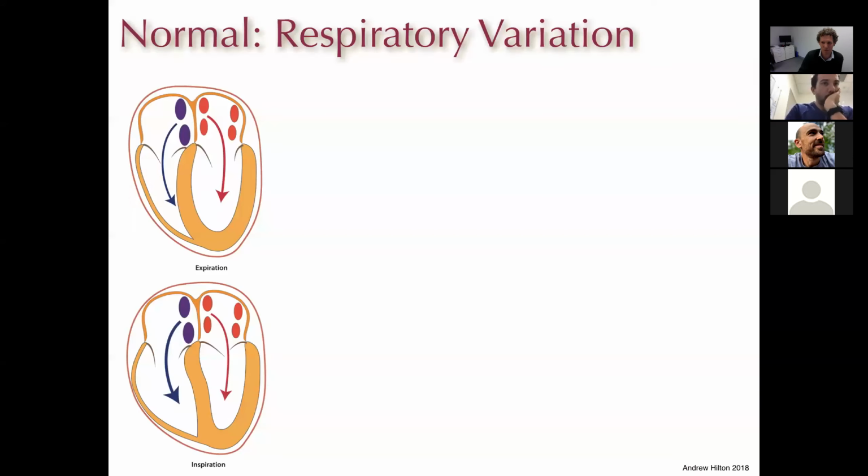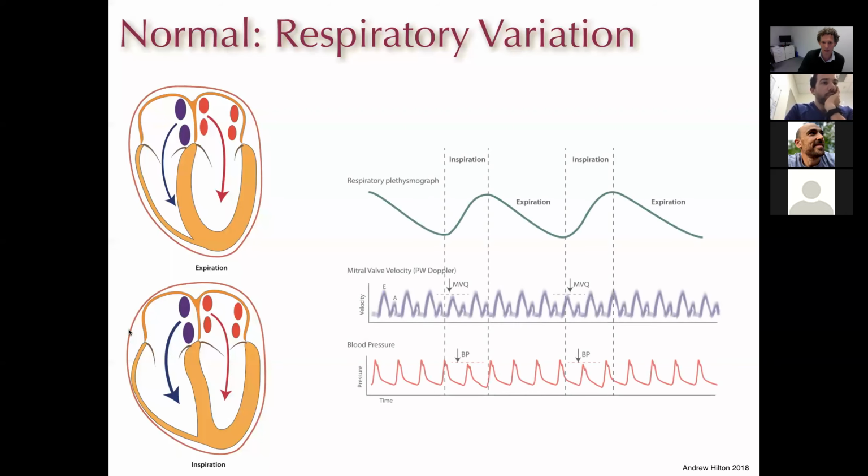Septal shift with inspiration. Okay, so the normal variation you'd see with someone spontaneously breathing is that with inspiration, you get a reduction in the flow across the mitral inflow and a reduction in your blood pressure. And that's often for preload dependent hearts, I guess.